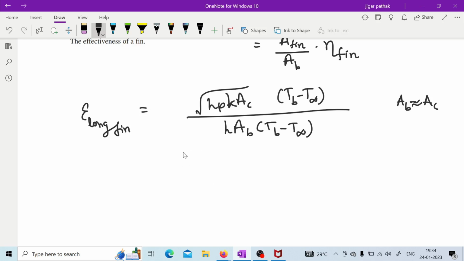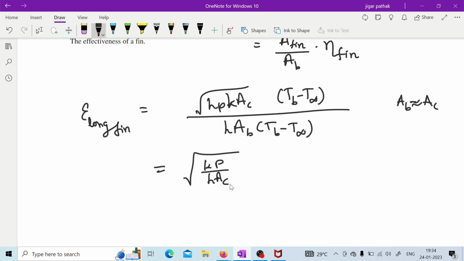So you can come up with a simplification like this: sqrt(kP/(hA_c)). So this is how effectiveness in a long fin is defined.